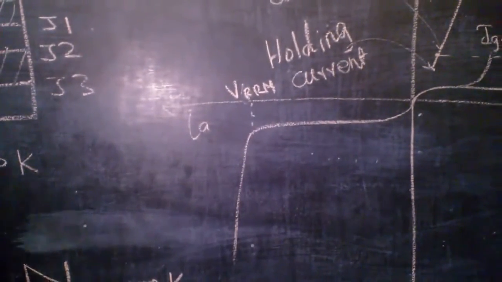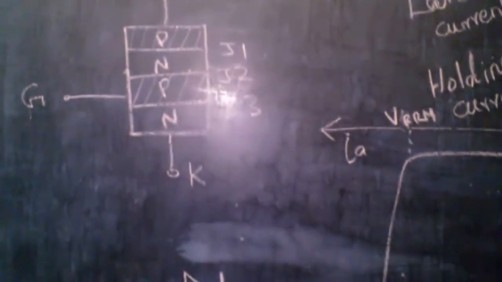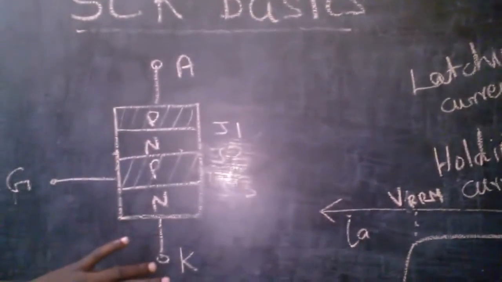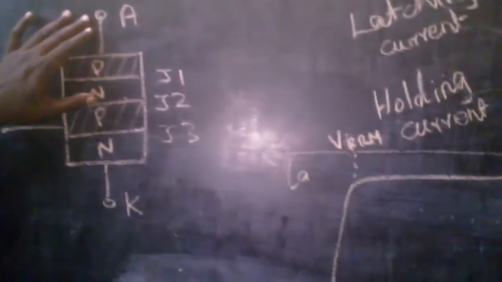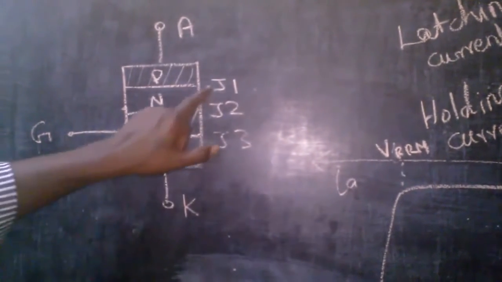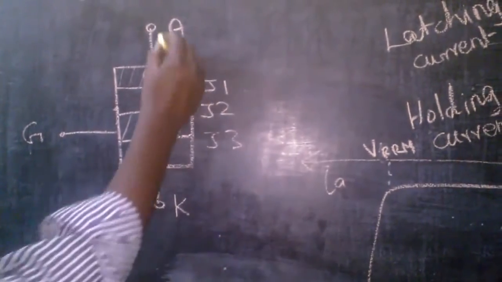So this is the SCR, and this anode to cathode is the positive direction. If you apply a positive voltage to the anode terminal with respect to cathode, these 2 junctions J1 and J3 become forward biased.